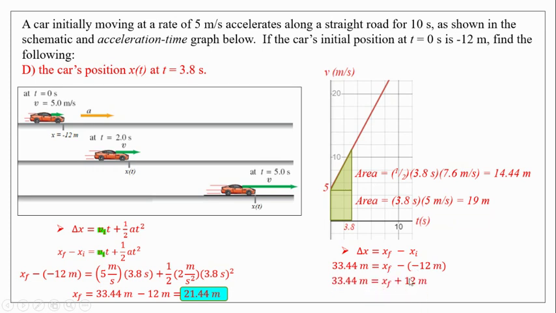So therefore, we have 33.44 equals XF plus 12, but then to get XF by itself, I need to get this plus 12 to the left side of the equation. So I'm just going to subtract it. So therefore 33.44 minus 12. So if you notice here, this line is the same as this work right here on the left side, 33.44 minus 12. So I'm just going to tell you that you should get the same answer of 21.44.